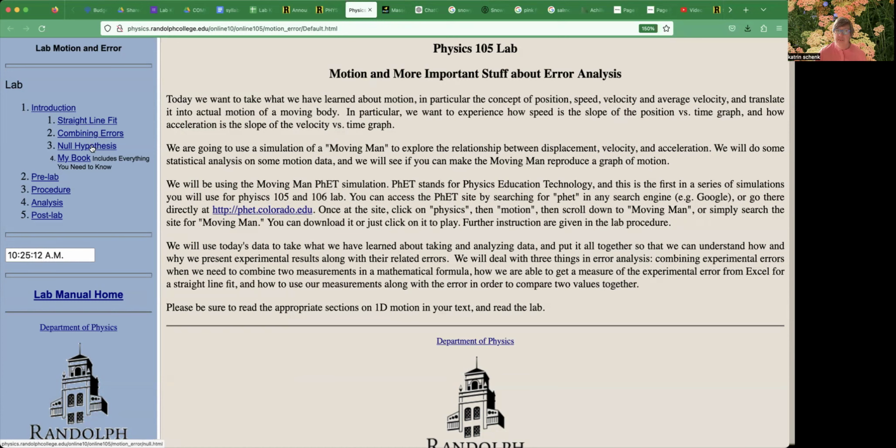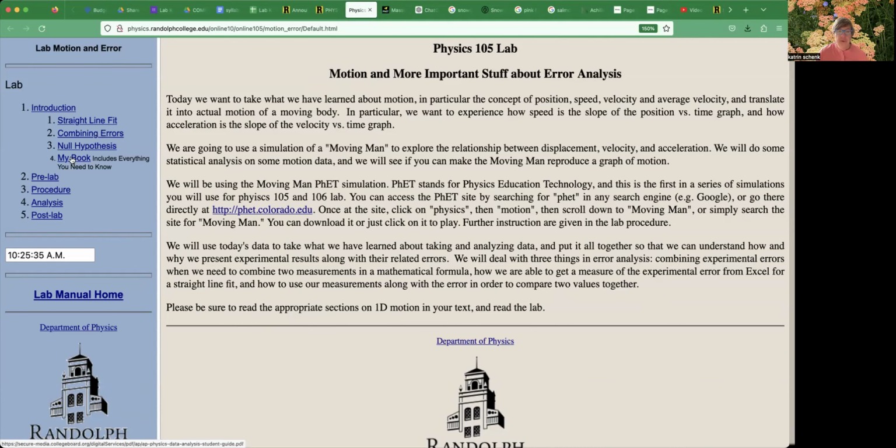And the null hypothesis. Now, all of this is really important to learn for the rest of your lab times here at Randolph College. So it'll also be used in Physics 1106 for those of you who are going on to the next class in the next session. So please pay us very good attention. These have examples for you to follow.